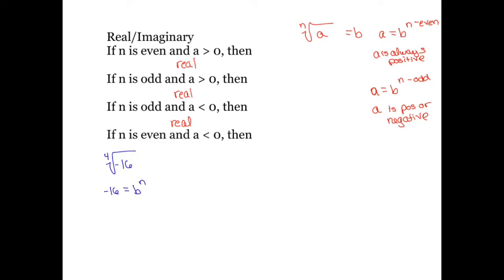So this falls into the category of imaginary. There's no real solution to this, so there's what we call an imaginary solution. And we'll get into more of imaginary numbers in 7.3.